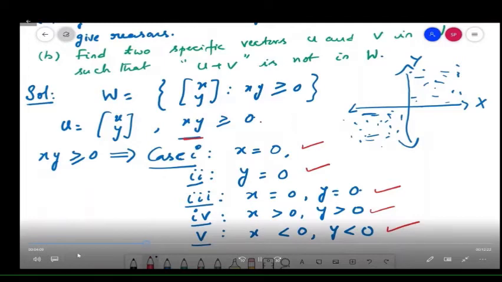Now we will check part A of the given question using all these possible cases, to see whether it can be true or not.